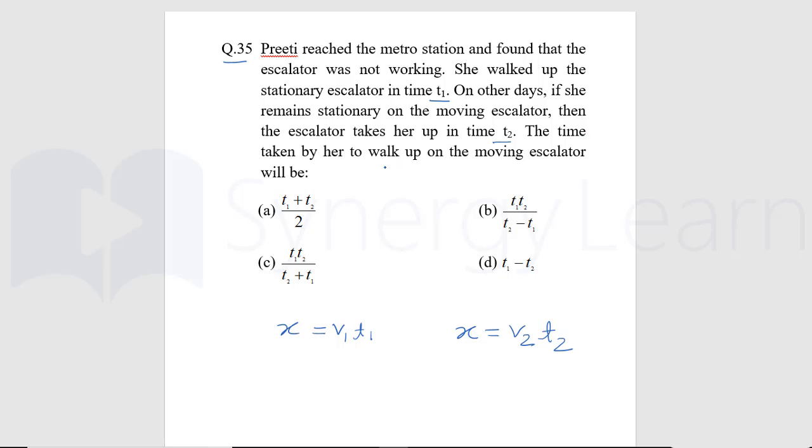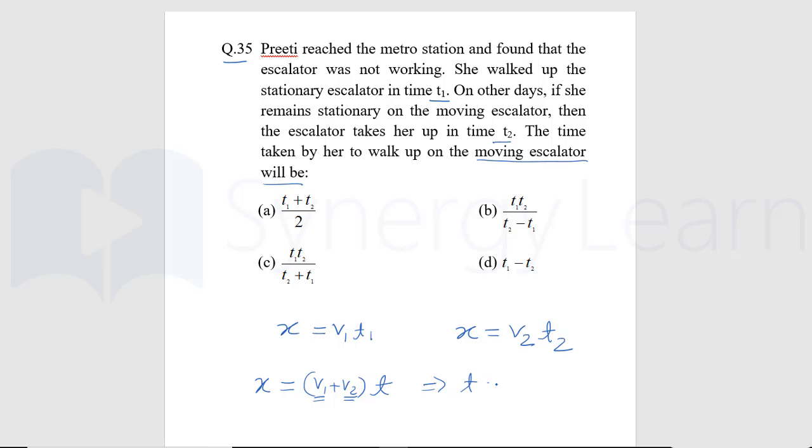It says, find the time taken by her to walk up on the moving escalator. So on the moving escalator also she has to travel x, but this time the total speed will be the sum of the two speeds. v1 is her own effort and v2 is the escalator's effort. Let the time taken be t.